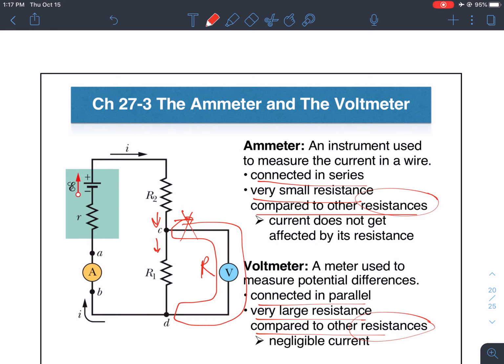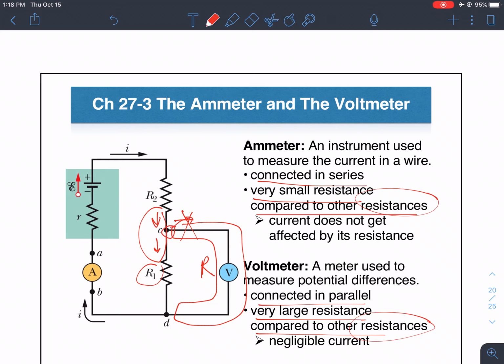Okay, so that means almost the same current is going to go through this R1, and that way we won't really affect the results when we measure V1 on R1, for example. Okay, so you want the same current flow through it. So at this junction, you're not letting much current go through the voltmeter. How do you do that? If you have a really large resistance.